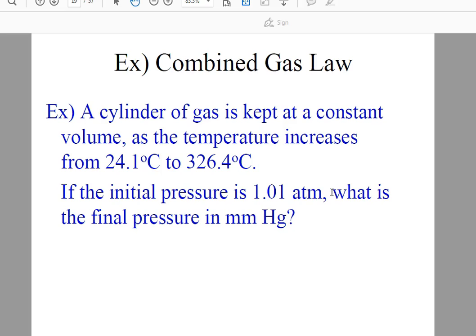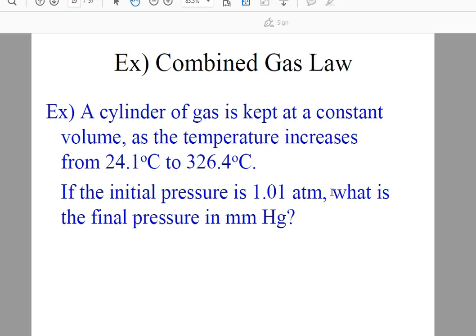So I'm going to say T1 is 24.1 degrees Celsius, to, now T2, 326.4 degrees Celsius. If the initial pressure is 1 atmosphere, what is the final pressure in millimeters mercury?